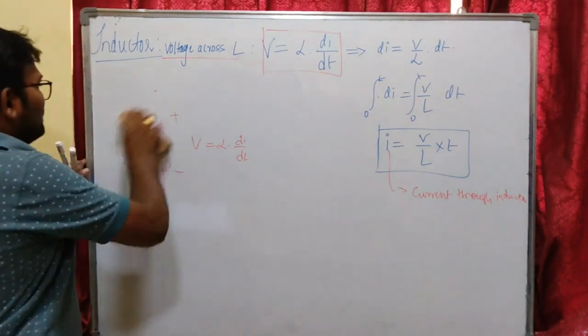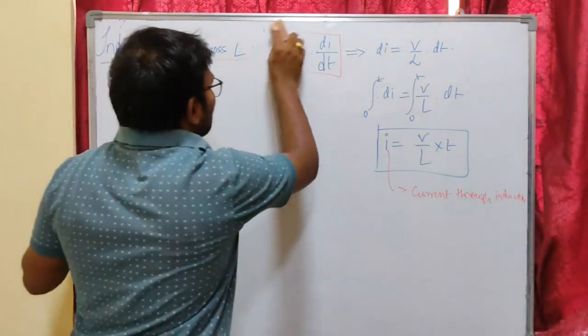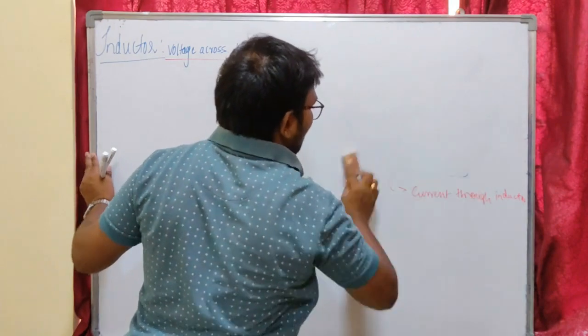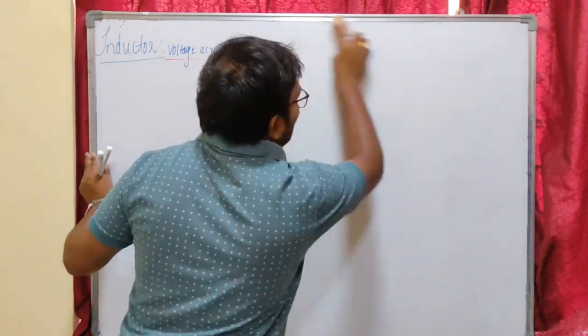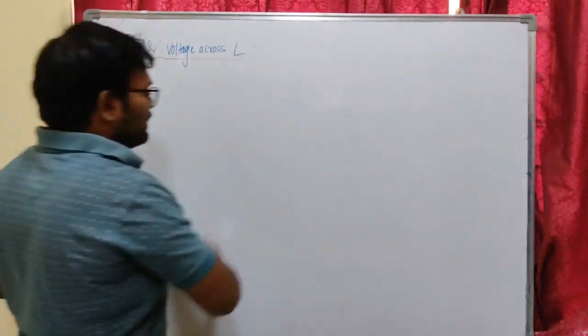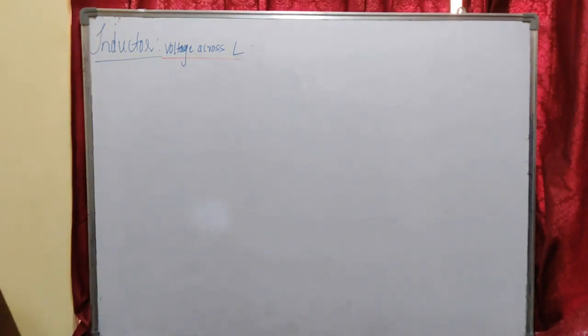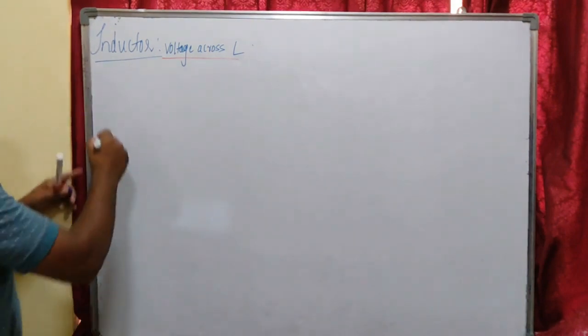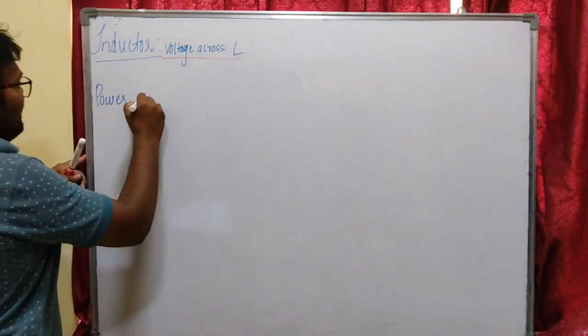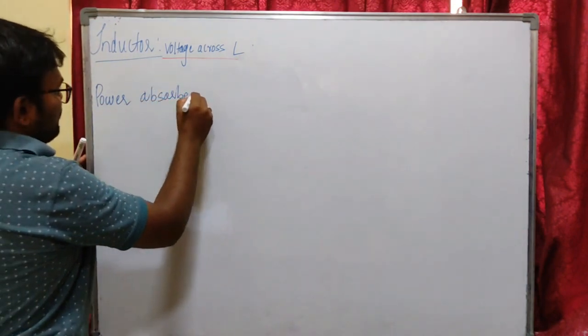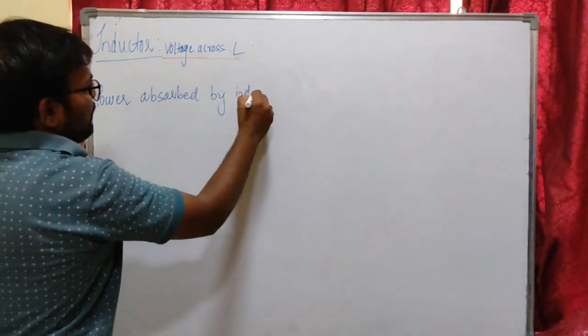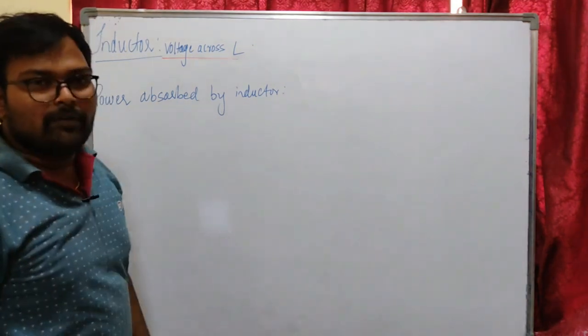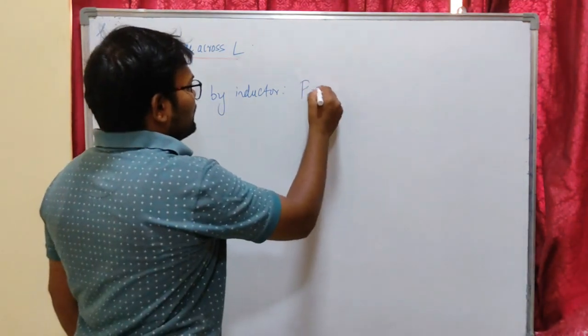Now let us see the power absorbed by the inductor. Ideally the inductor will never absorb any power, but a practical inductor will have some resistance that will consume some power. So what is the power absorbed by the inductor? We already know the expression for power: power equals voltage into current.